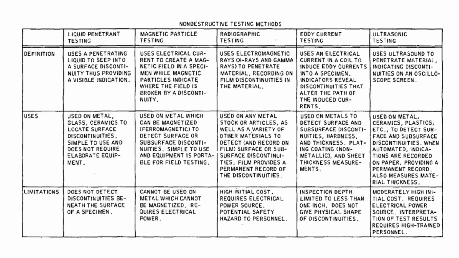So, for the 5 processes, liquid penetrant testing uses a penetrating liquid to seep into a surface discontinuity, thus providing visible indication. You can use it on metal, glass, ceramics, other discontinuities. It's simple. We don't need a lot of equipment. And the limitations: we can't find anything beneath the surface.